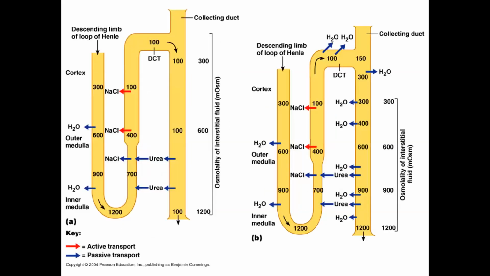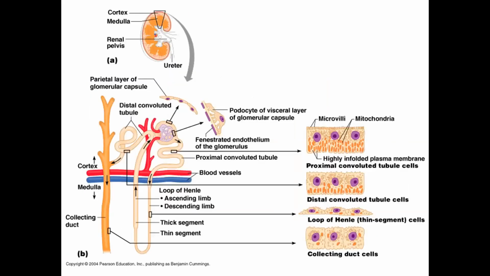Okay, this is the same slide. All right. So now we talked about the structures here. The filtration part, the filtration membrane from the glomerulus and Bowman's capsule. And then we talked about the PCT here. We say most of these materials will be reabsorbed here.